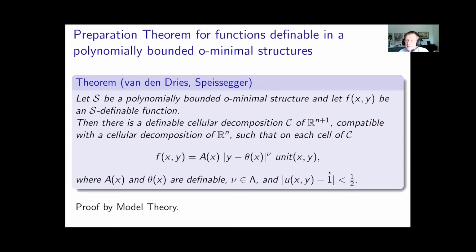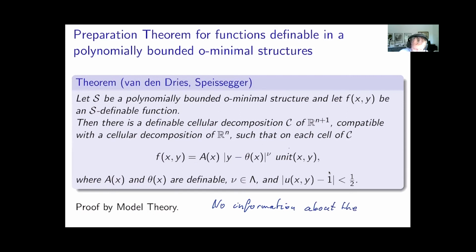So it's very interesting that this theorem can be proven either by some approach based on resolution of singularities, which is rather closer to Jung's approach to resolution of singularities, on one side, and on the other side using this model theory. And actually, this original version is not exactly good because there is no information about the unit.